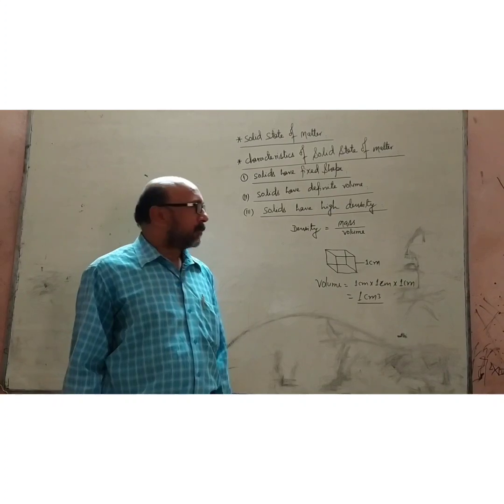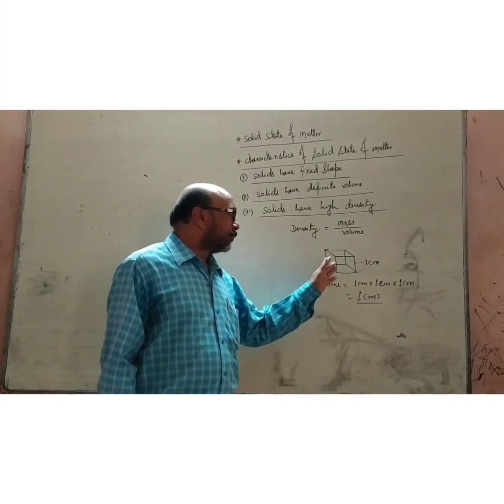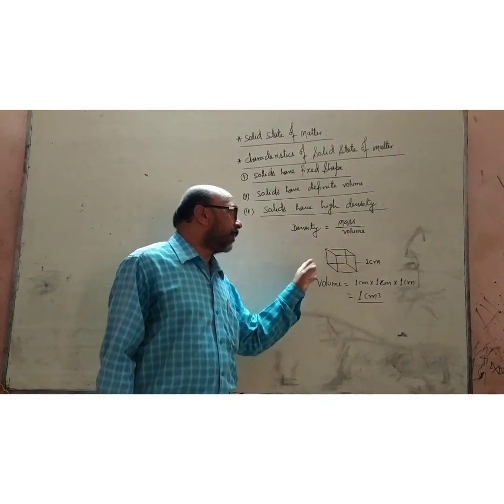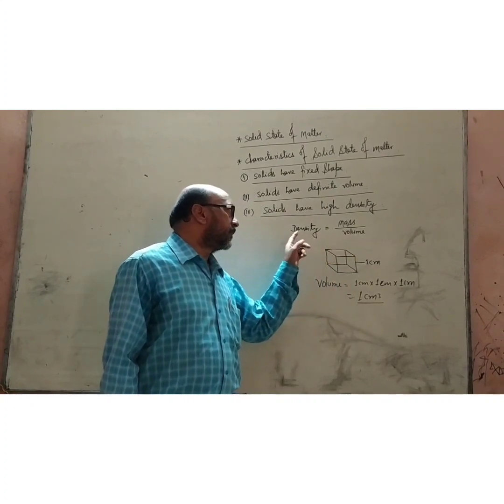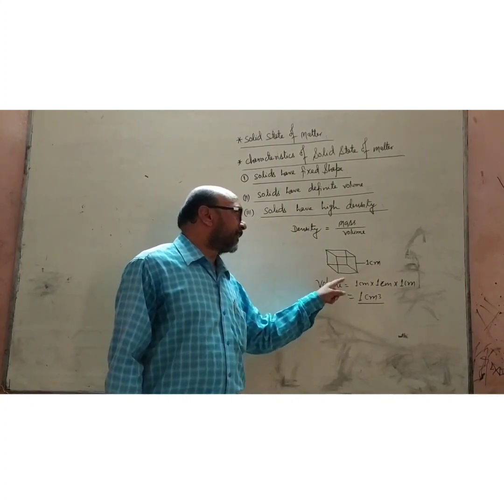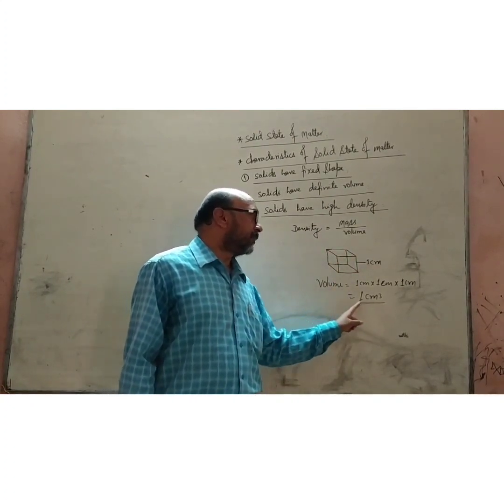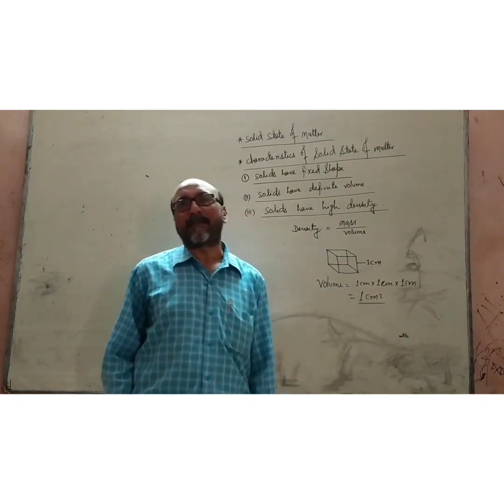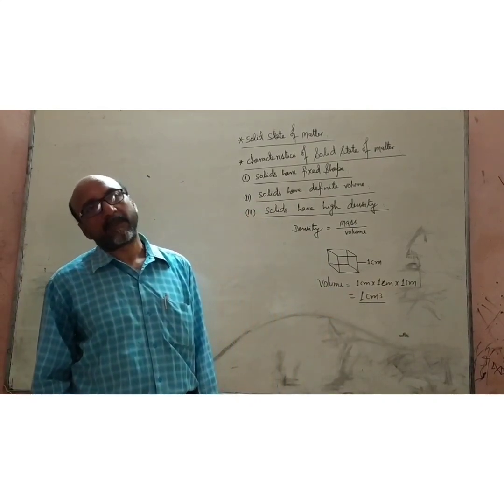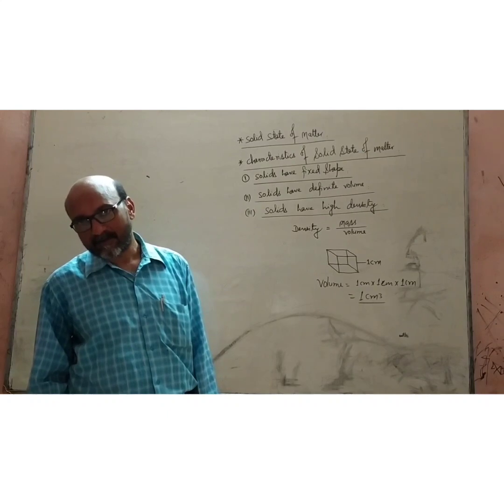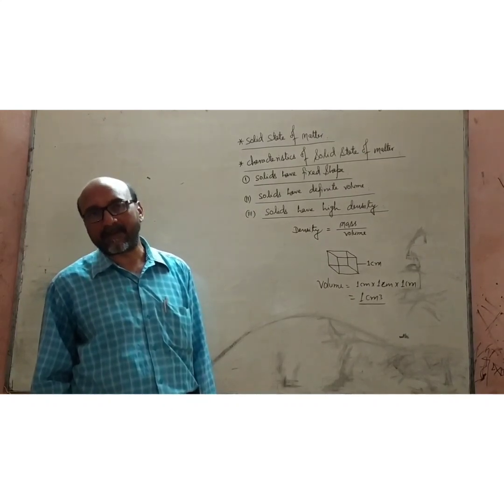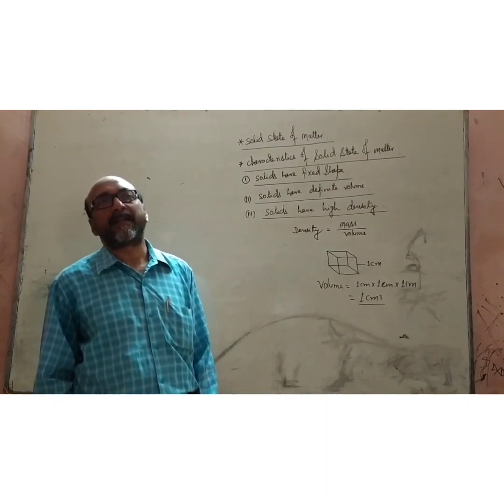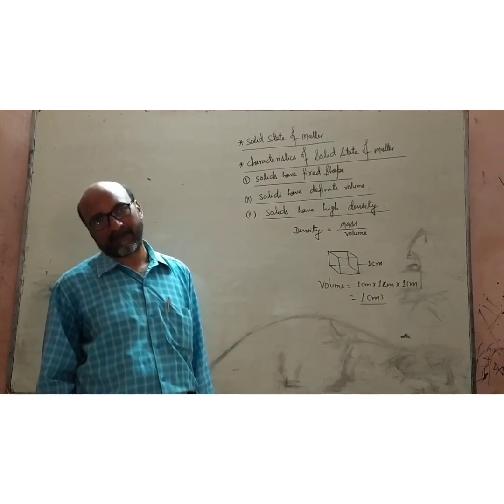Now, you measure the mass of the iron present in 1 cubic centimeter volume of the piece of iron, which will be the density of iron.